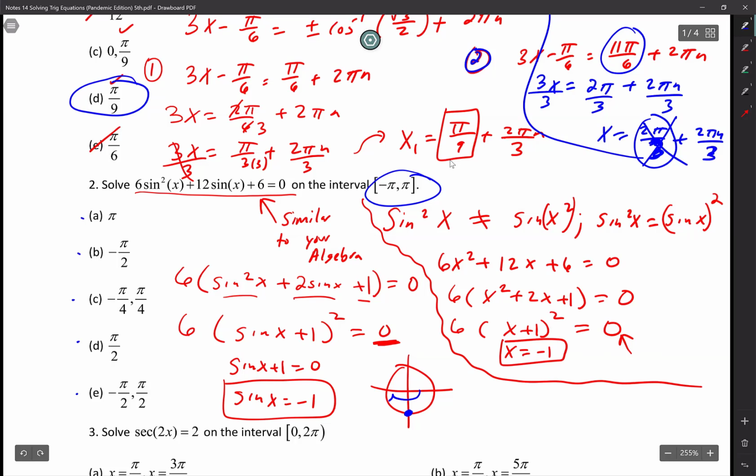So -pi would have been right here. That's clockwise, so there it is, -pi. The green is just showing me starting at -pi and working my way towards pi. So -pi, then -pi over 2, then 0, then pi over 2, then I'm back at pi. I did a whole revolution, and it only happens at -pi over 2. There it is.